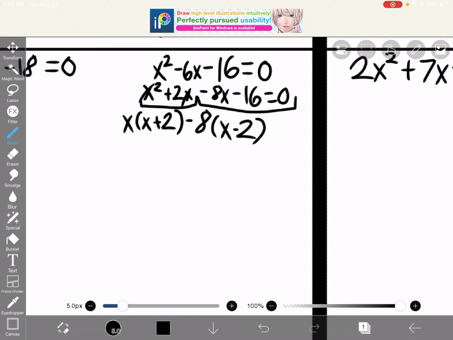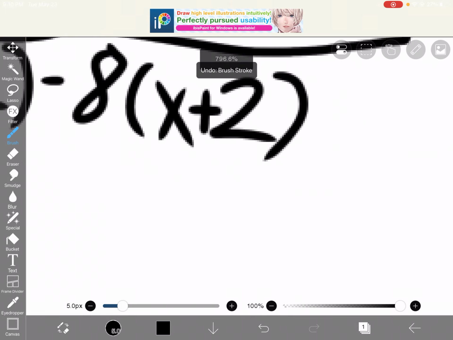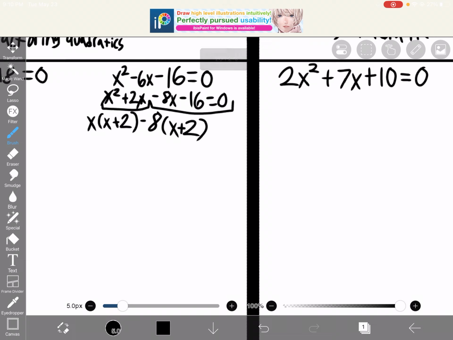So we have this. Now we just have to factor out x plus 2. Sorry, my mind is not working well today. What I meant to write here was plus 2, because we're getting rid of negative 8, it would only make sense. Sorry.